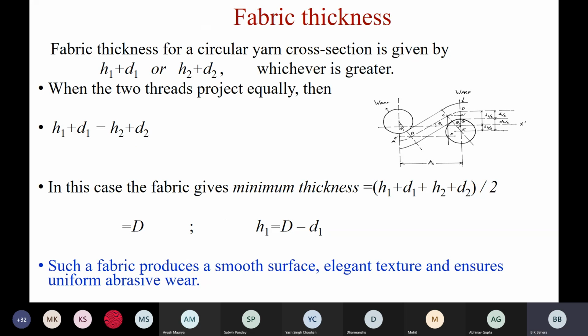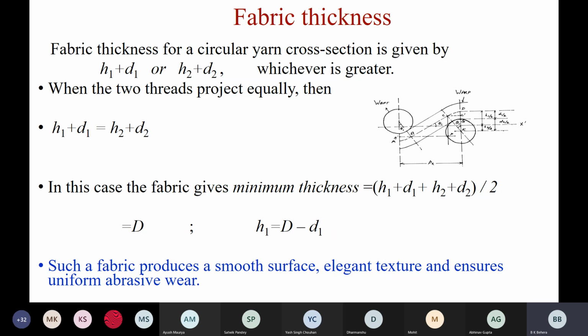Now, the next parameter we will be dealing in this is fabric thickness. Very, very important. Again, don't go mathematically. Just imagine what we mean by fabric thickness in a woven fabric. We are trying to produce just one layer of fabric, and a fabric is formed because of interlacement of warp and weft.